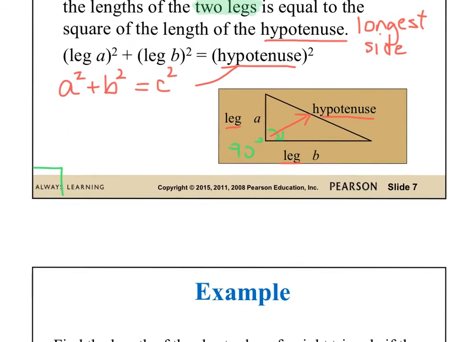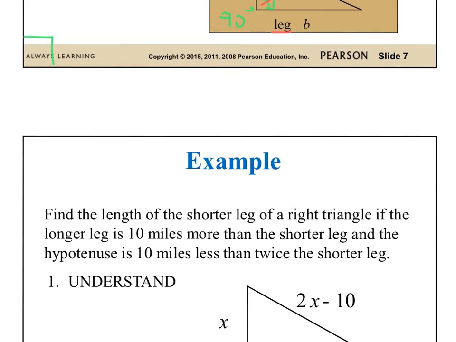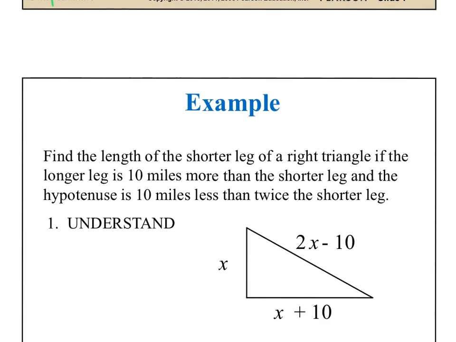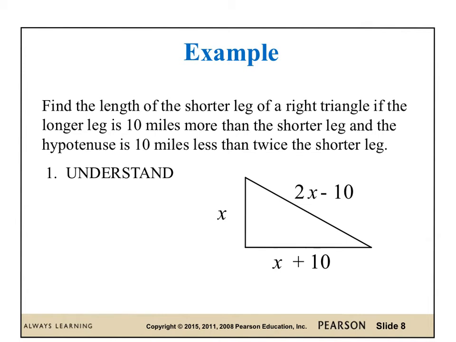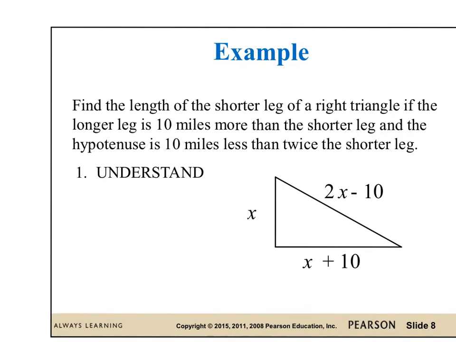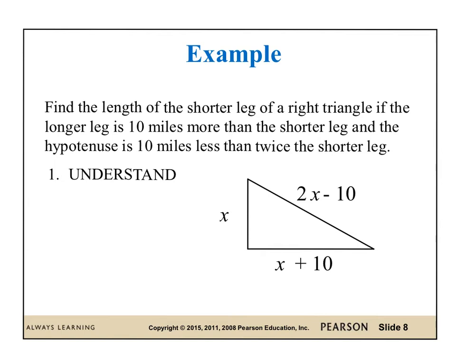So we'll work a problem using this theorem. It's really not exactly a theorem, it's actually just a formula. So this one says find the length of the shorter leg of a right triangle if the longer leg is 10 more than the shorter leg.